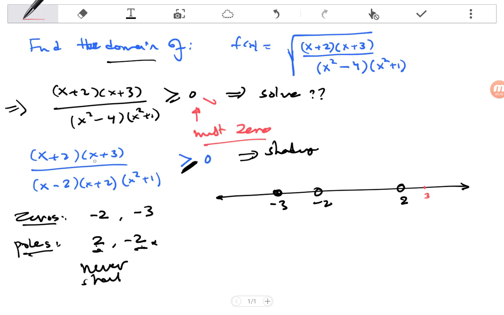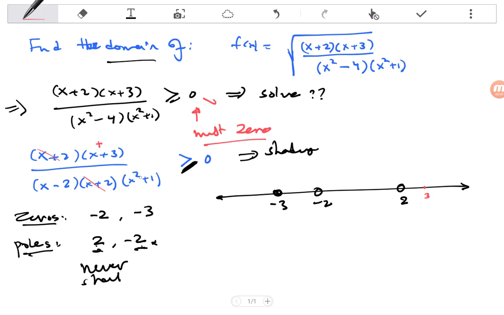Okay, so each bracket, 3 and 3, this would be positive. Because I will never choose the number negative 2, I will also always choose points that are in between these numbers. So in this step I may cancel x plus 2 when finding the sign, because this will always be equal to this. So I can cancel this in just this step.